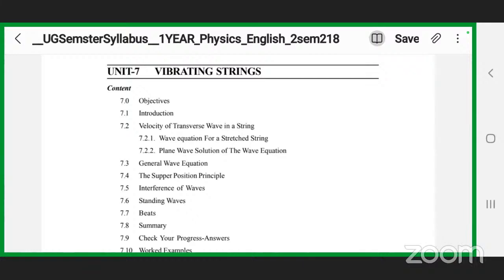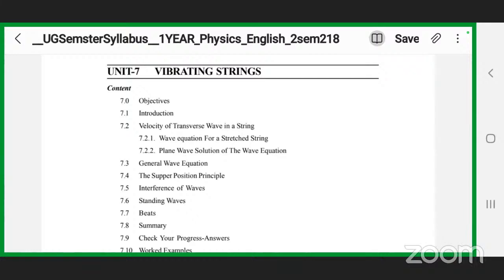The position of the particle is fixed, but the particle can transfer the energy from one place to another. The vibration of the particles perpendicular to the direction of propagation is called a transverse wave. In transverse waves, crests and troughs are observed.